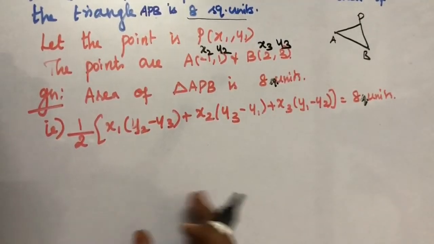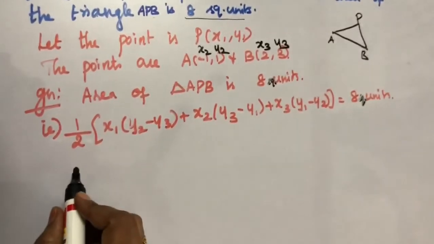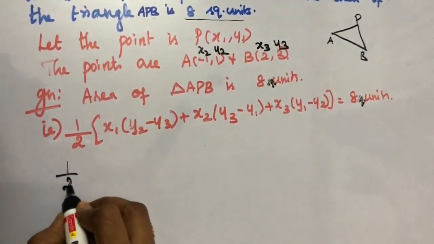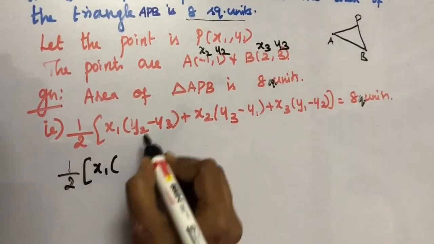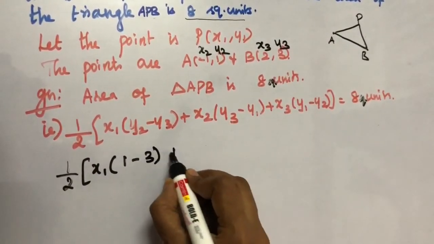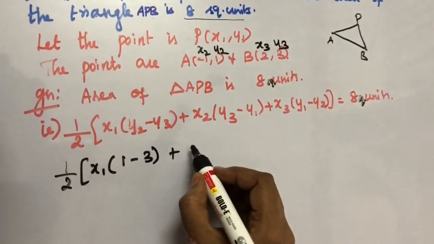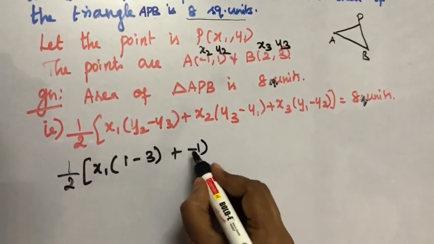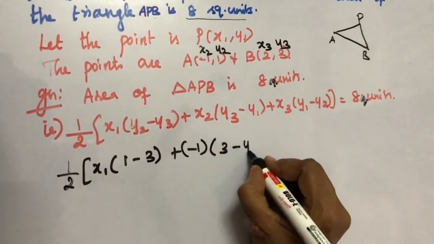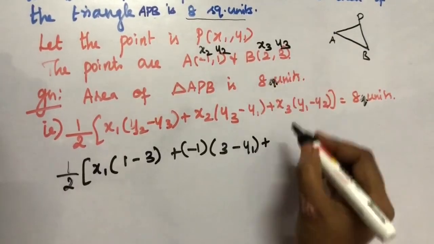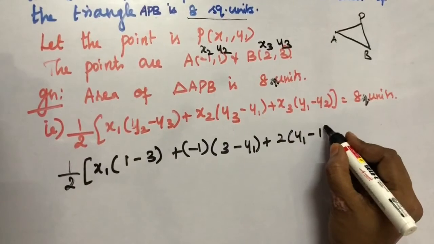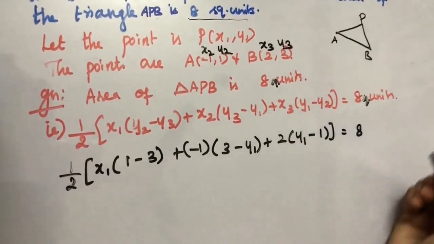Now we substitute the values in this formula to find the locus of the point. Half into x1 (1 minus 3) plus x2, which is minus 1, into (3 minus y1), plus x3, which is 2, into (y1 minus 1) is equal to 8.